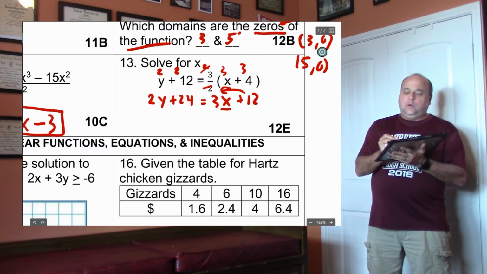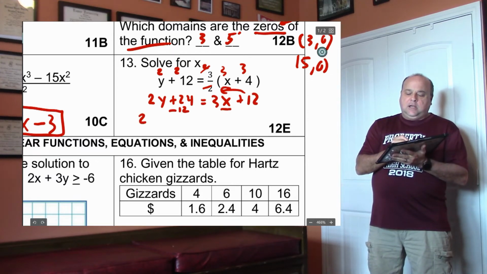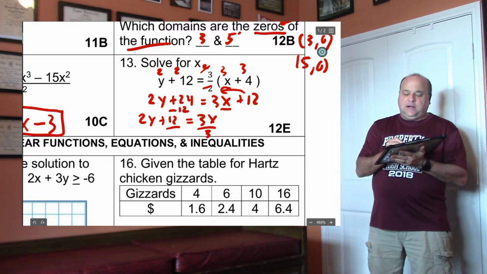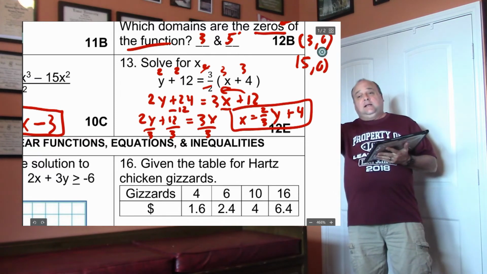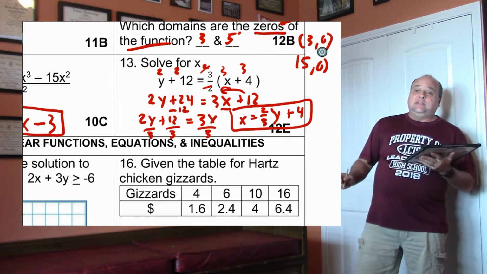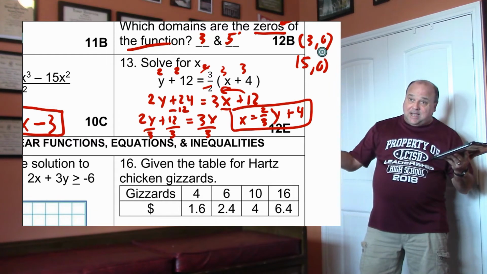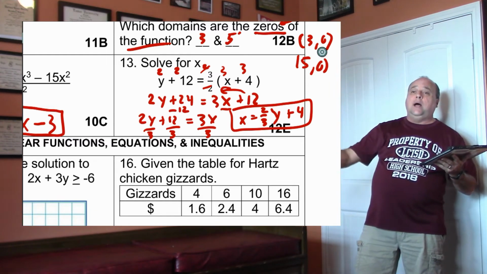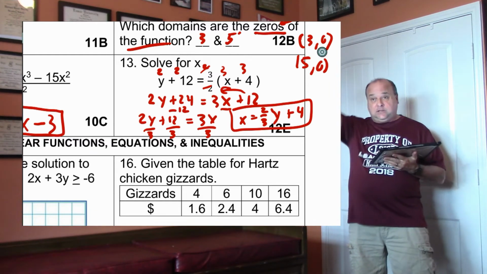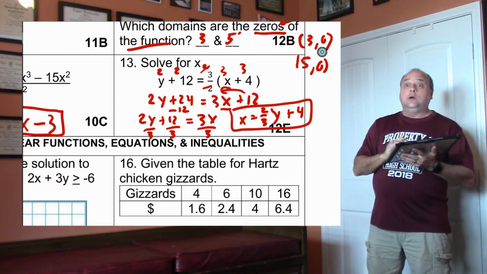So I'm going to move the 12 to the left, and I'm going to get 2y plus 12 equals 3x, and then I'm going to divide everything by 3. And I'll get x equals 2 over 3y plus 4. Which, like I said, in Algebra 2, you will learn that that's the inverse of a function. Most of the time in Algebra 1, we're solving it for y. You need to learn how to solve for x. Future years, that's why you're in pre-AP.